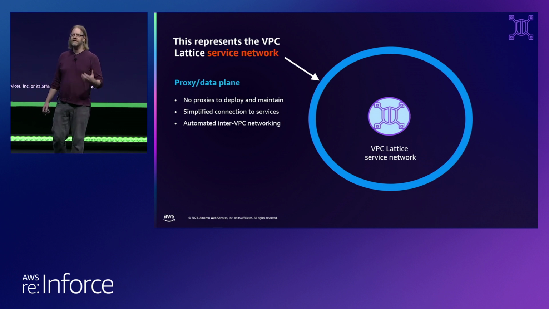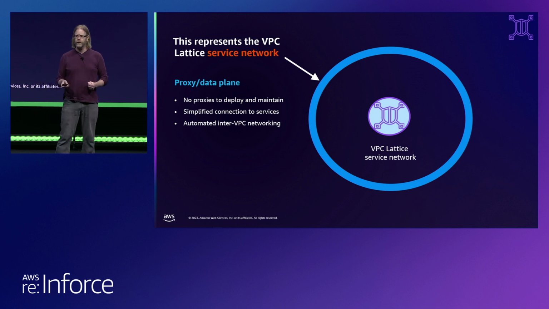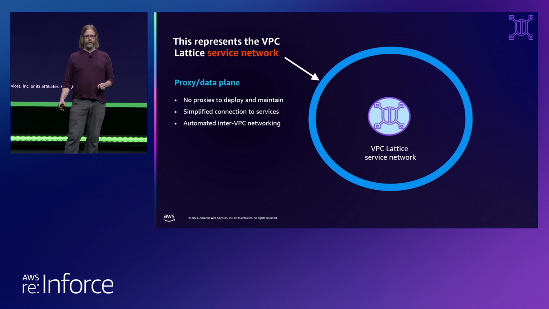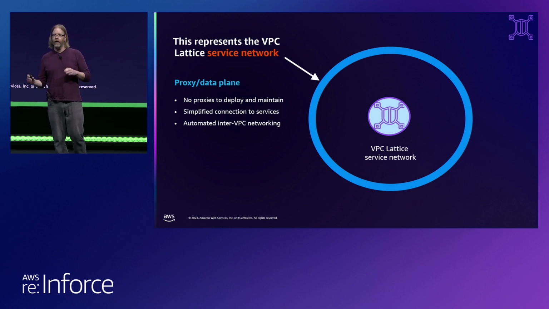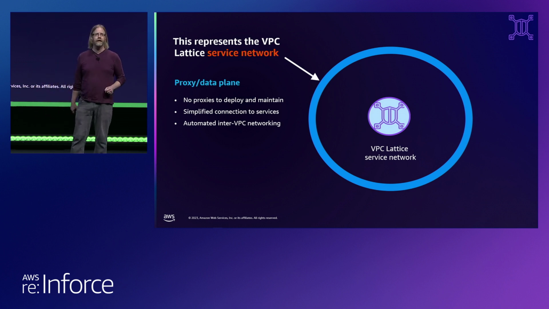It basically simplifies the connectivity between those services because you are not using Transit Gateway and VPC peering for your communication or your packets sending back and forth to your services. This is actually sending those packets back and forth for you. This doesn't mean you can't use it with Transit Gateway and with VPC peering for other use cases. Remember, Lattice is layer 7. If you have layer 4 traffic, you still need to have that set up.